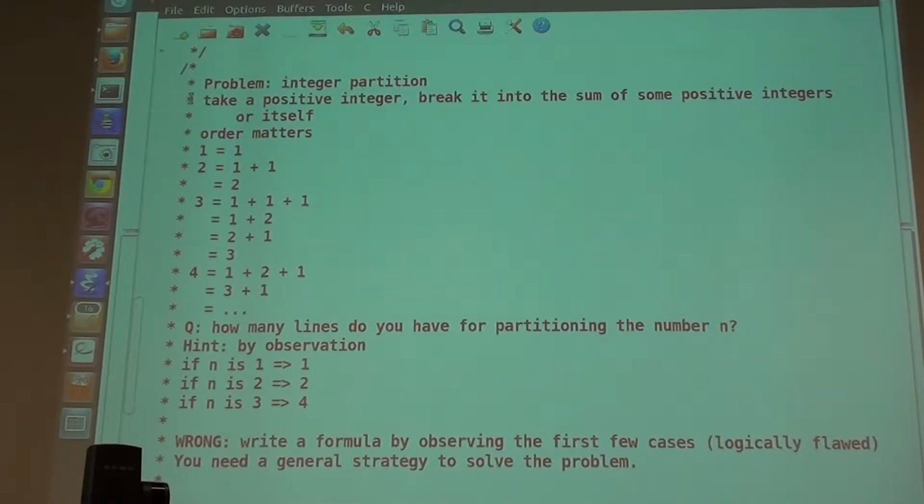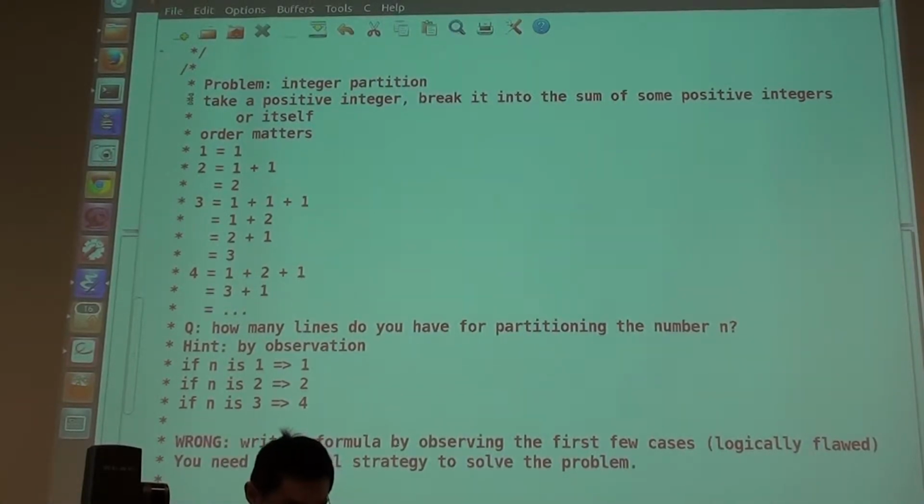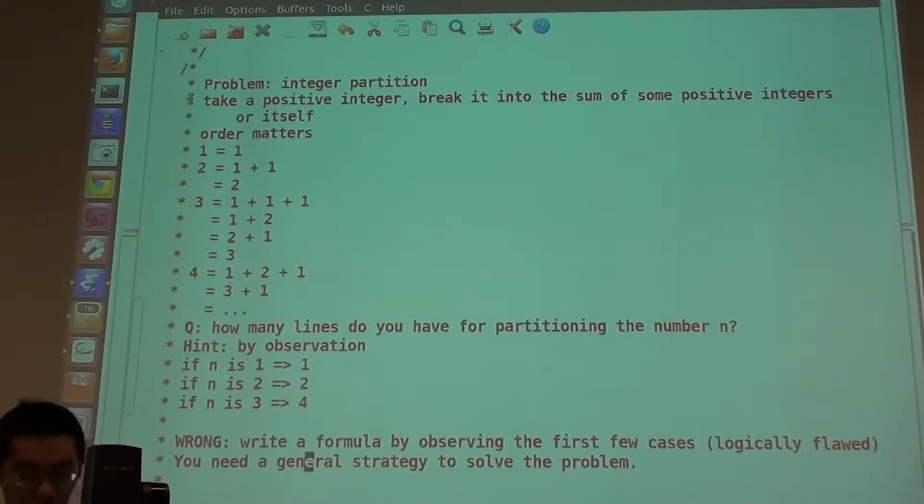That's logically flawed. You cannot say I have seen 10 cases and they all follow a pattern, therefore the 11th case must be that way. That's a common mistake many people make. I'll give you a little bit of time to think.